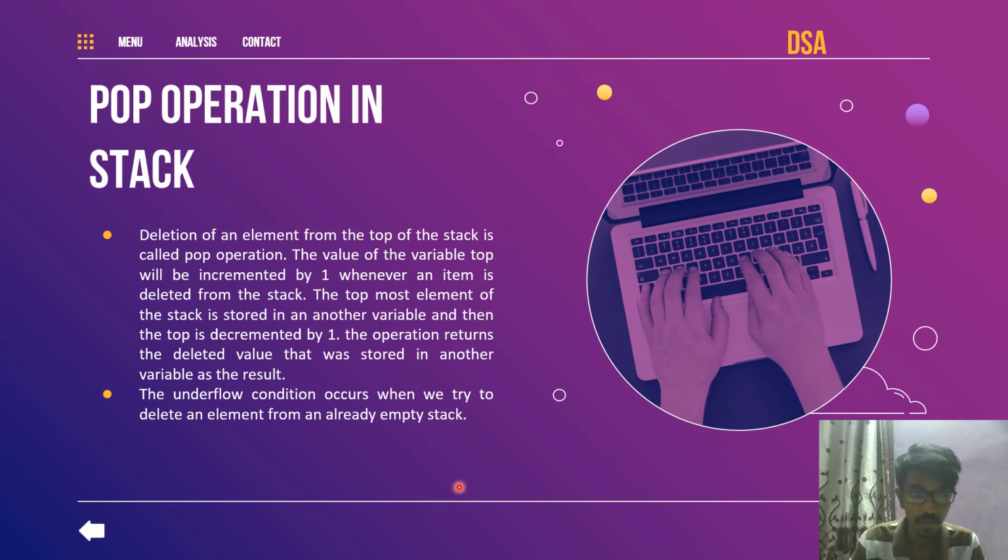So to pop an element, the topmost element of the stack is stored in another variable, while the top value is decremented by 1, so that the next element in that stack will be shown as the top element.